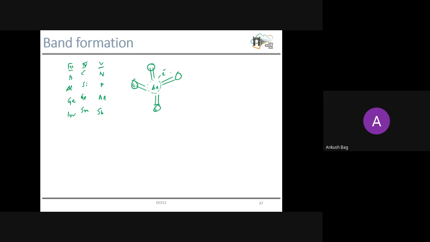Now the question here is how strongly this electron is bound to this arsenic atom, because this is a valence electron of the arsenic atom. You need to take out this electron in order to have N-type semiconductor or N-type silicon. So you need to give a certain amount of energy, because at 0 Kelvin you will not be able to take these electrons out from the arsenic atom, and this arsenic-doped silicon will behave as an insulator.